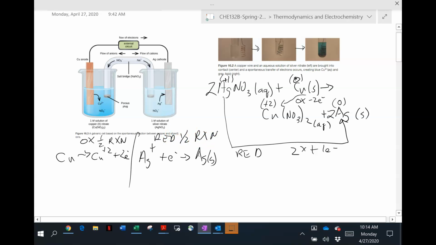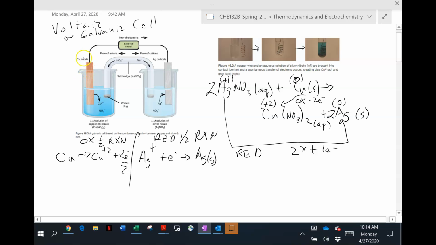Now, over on the left-hand side, we see what's called a galvanic cell or a voltaic cell. We've separated the reactions into 2 different chambers, basically 2 different beakers. By doing that, we can exploit the flow of electrons. What happens to the 2 electrons given up by the copper?